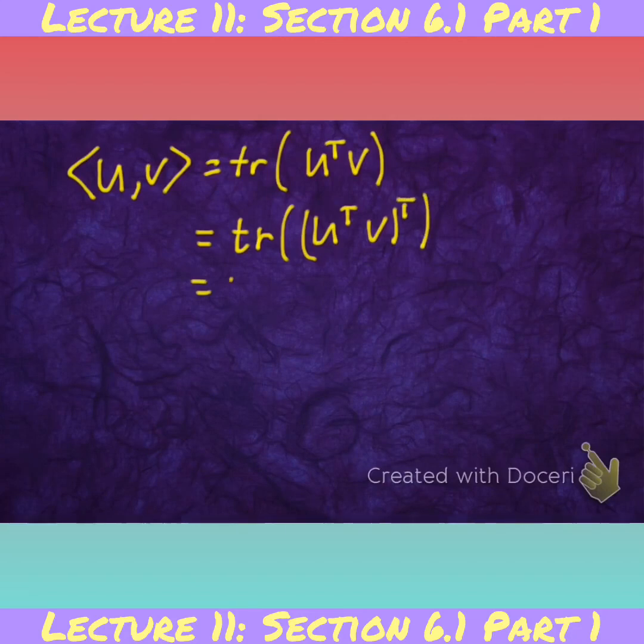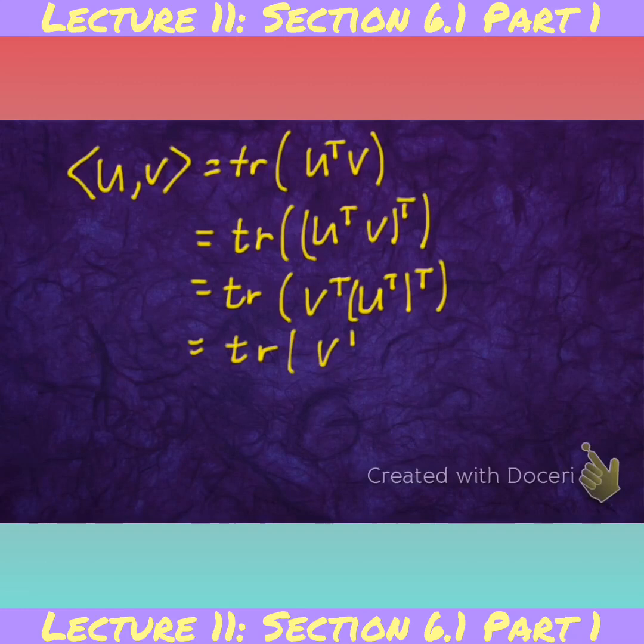Okay, so that is going to be the trace of the matrix V's transpose with U's transpose transposed. Okay, and we know that that is the trace of V's transpose times U. And that is the inner product of V with U. Okay, so my first axiom holds.